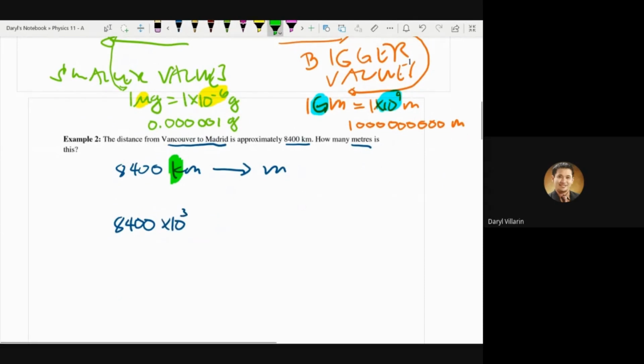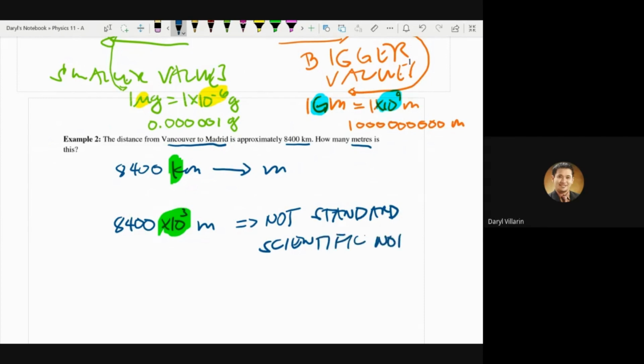And when I do that, I can take off the kilo, and that becomes meter. But this is not your final answer because this is not in standard scientific notation form.